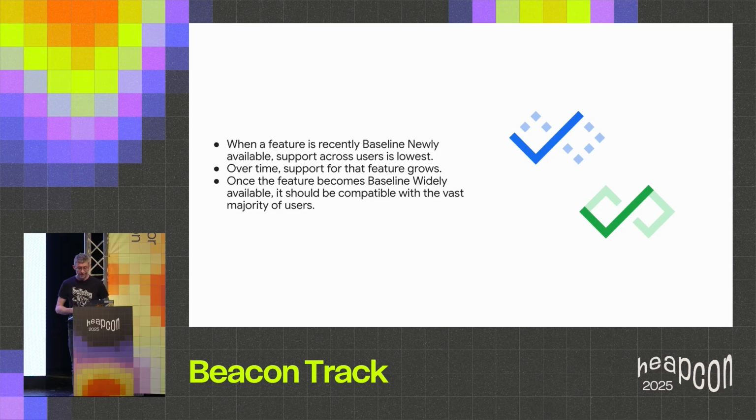However, as time passes, and browsers update, support grows for that feature across users of the web. And after 30 months, support should be nearly universal, if not universal, except in cases where browsers can't be updated or systems still on legacy browsers, which tend to be a vast minority of all users. But of course, there are some exceptions.